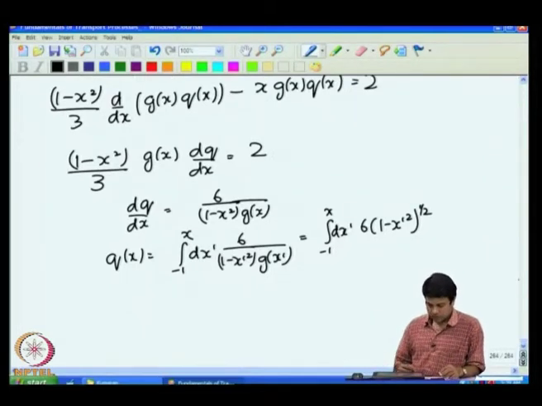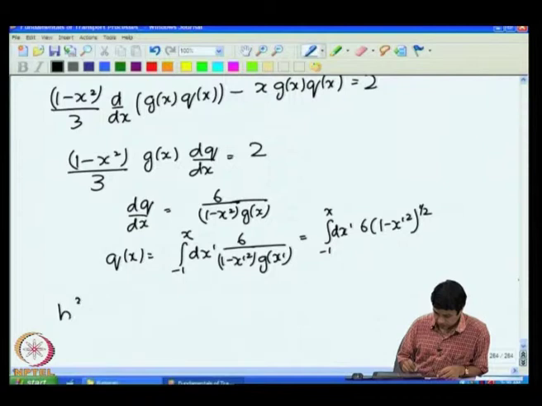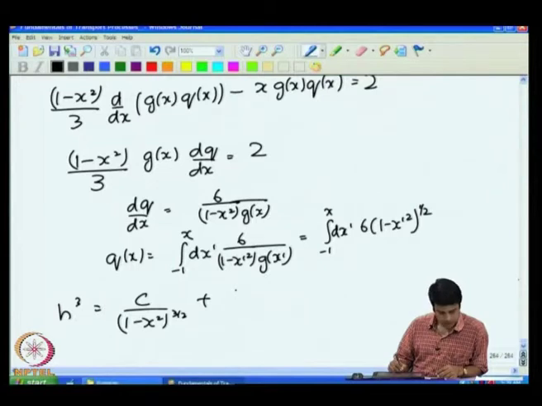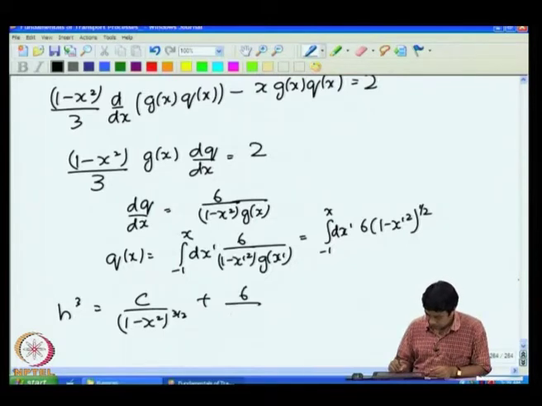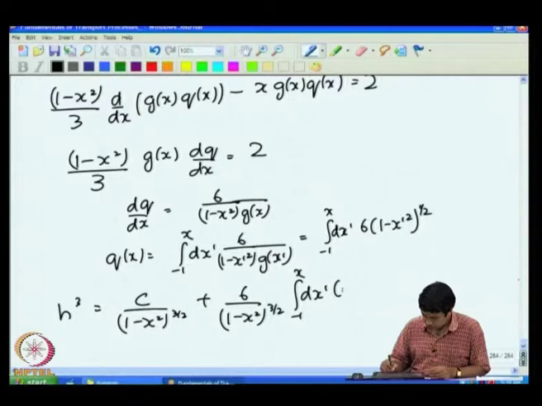Therefore, the total solution for h cubed is going to be equal to some constant c divided by 1 minus x square power 3 by 2 plus six by 1 minus x square power 3 halves integral minus 1 to x dx prime 1 minus x prime square power half.